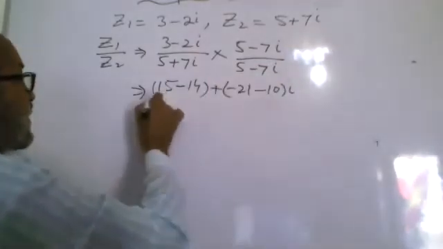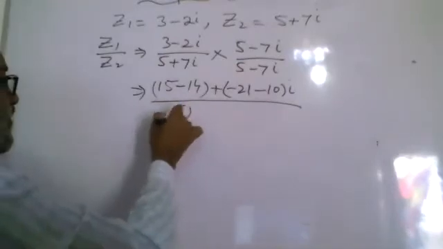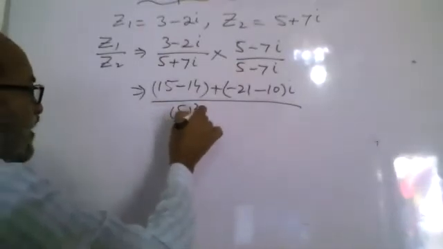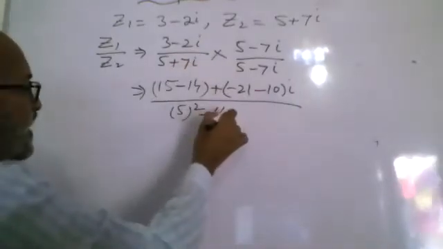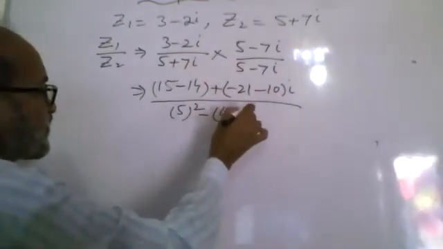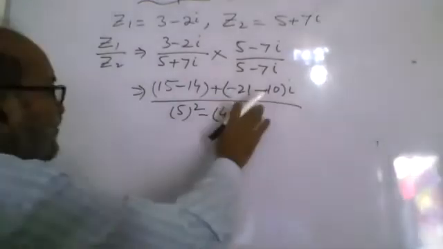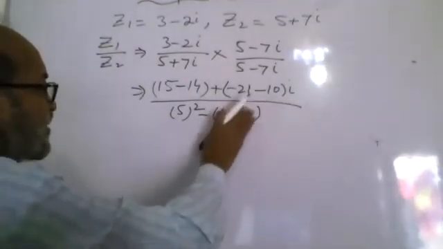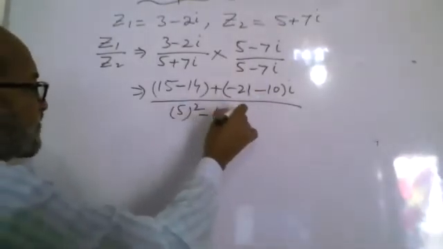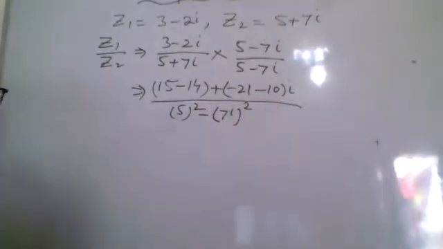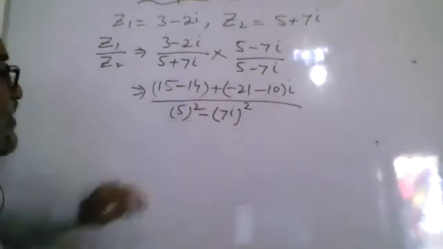Iota divided by 5 square minus 7 iota square, 49 iota square. Sorry, yes, 7 iota square. 5 whole square and 7 iota whole square.